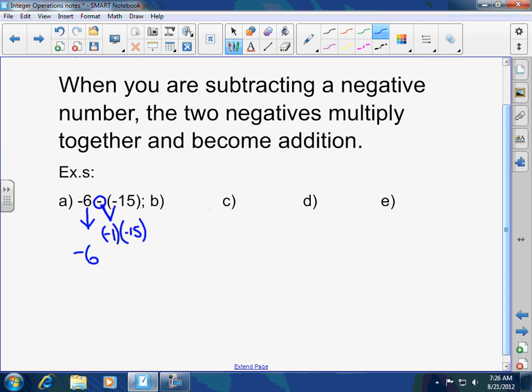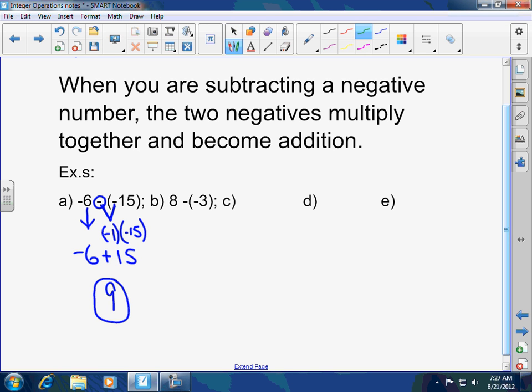So these two negatives combine to become positive 15. So now you have negative 6 plus a positive 15. The signs are opposite, so you're going to subtract and keep the sign of the largest absolute value, giving you 9.